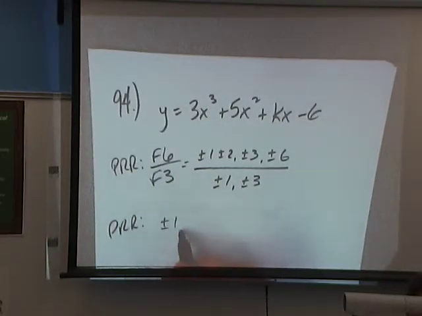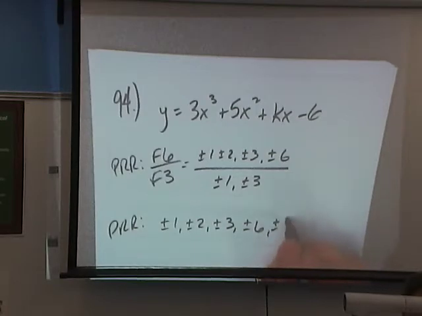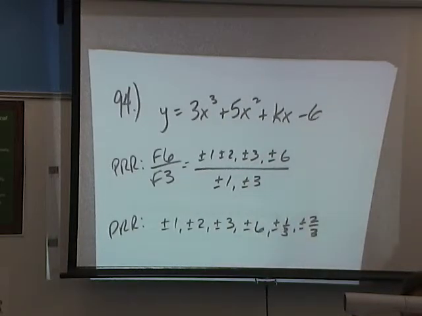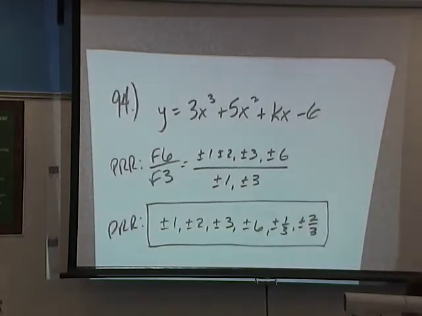So that's plus or minus 1, plus or minus 2, plus or minus 3, and plus or minus 1/3, plus or minus 2/3. 3 over 3 we already have, that's 1. And 6 over 3 we got, that's 2. So there they are.